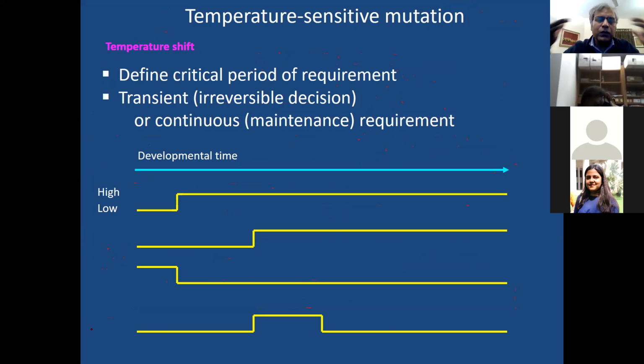When we lose function of a gene, and if it turns out to be lethal, can we still study this function or this process, or we cannot?